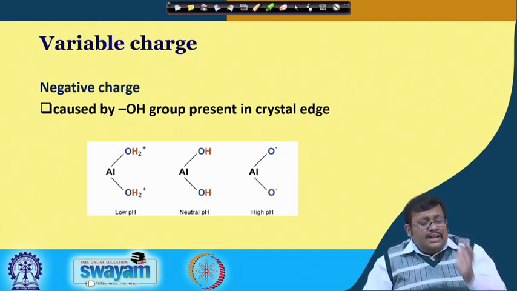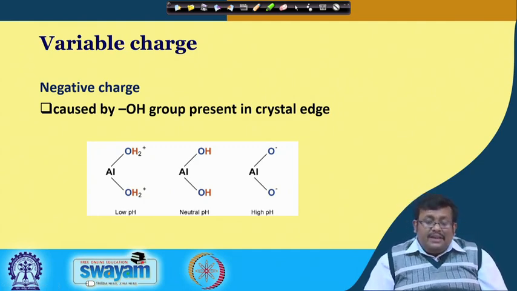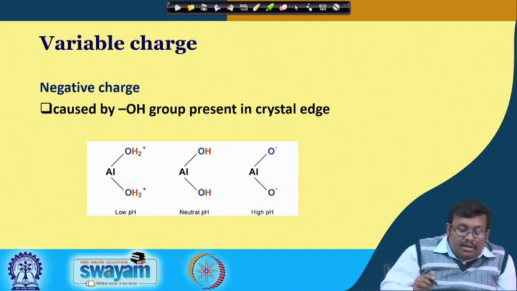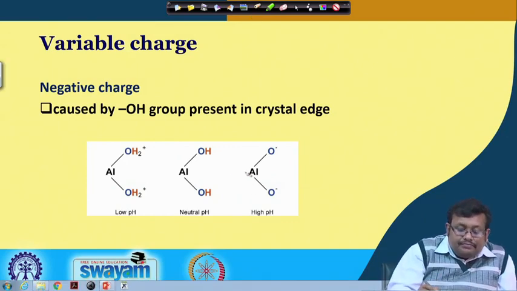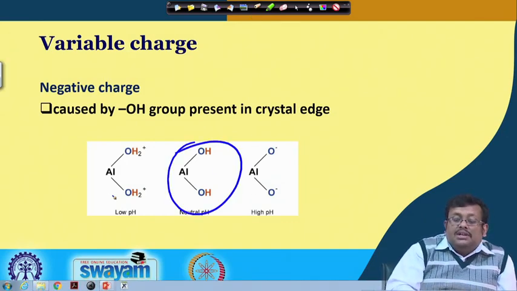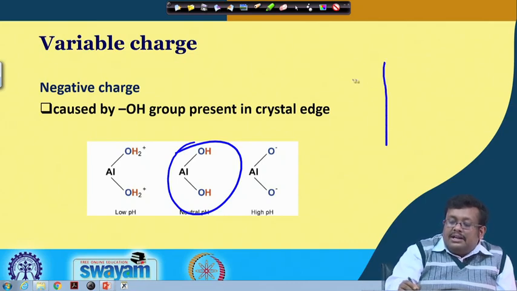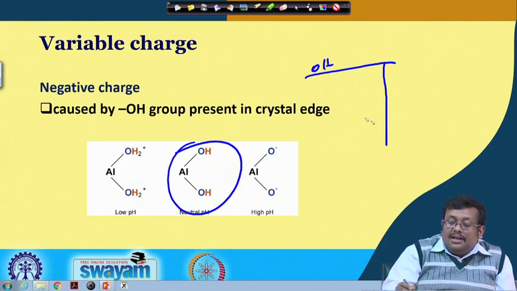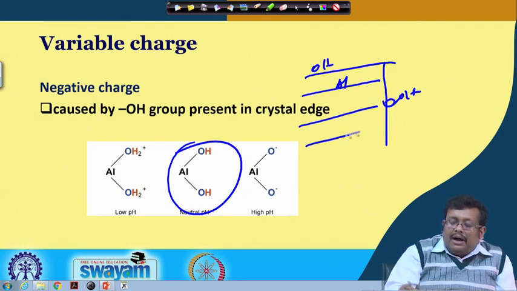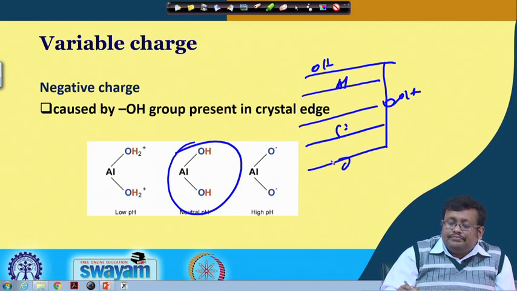So, what is variable charge? You can see here, this is a neutral pH. You know that clay mineral contains different layers of atoms like hydroxyl, followed by aluminum, then oxygen and hydroxyl, then silica, then oxygen, in case of a 1:1 type layer.